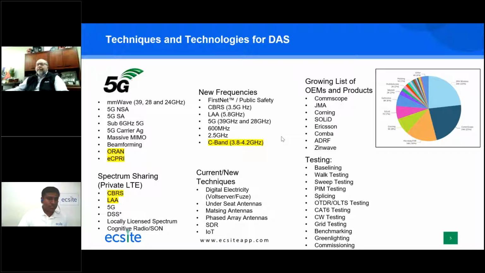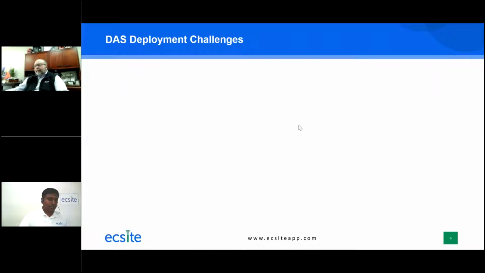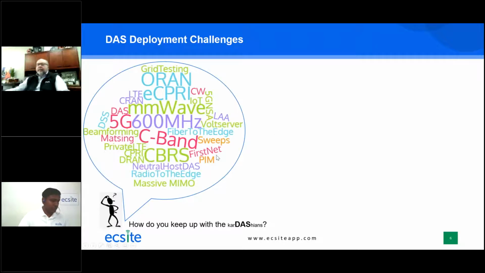Right now, with all of these technologies, techniques, and task configurations that we have, there's more. All this mumbo jumbo is there, and how do you keep up with all of this, right?